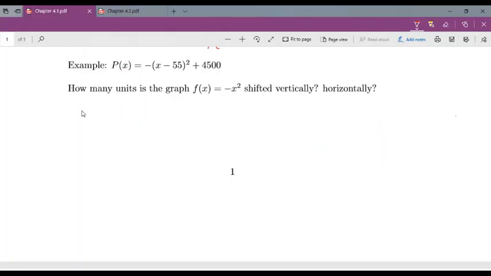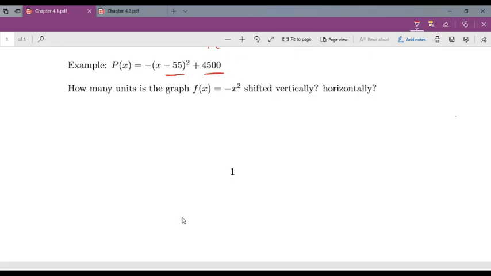Alright, so the next question says p of x equals negative, x minus 55 squared, plus 4,500. How many units is the graph of f of x equals negative x squared shifted vertically and horizontally? Now, inside is left and right, outside is up and down, right?